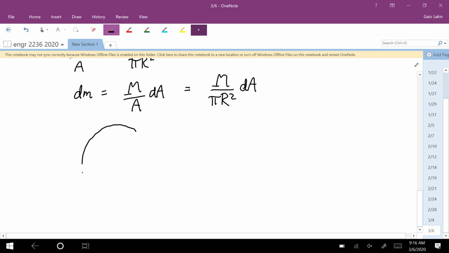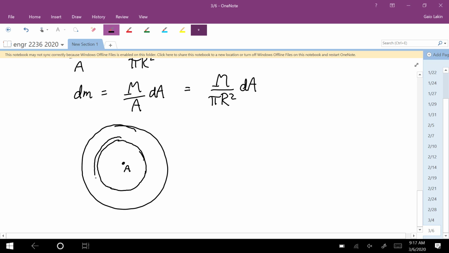So here's our disk. And here's our about point. And we're going to break it up into infinitesimal disks. Sorry, I guess that's not a disk.